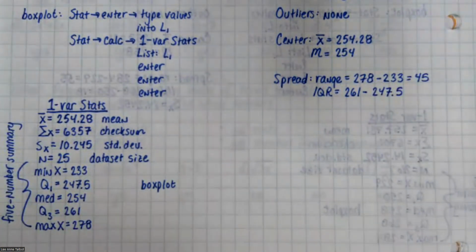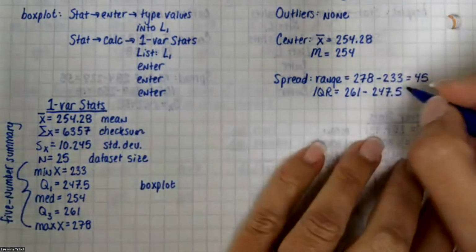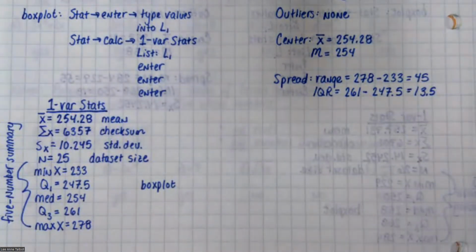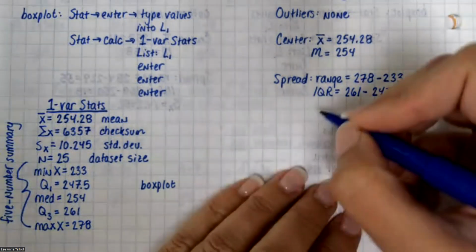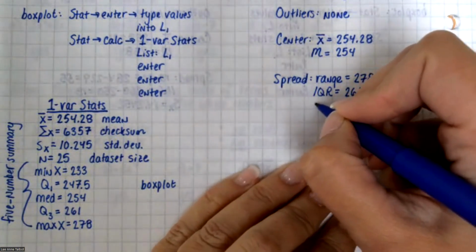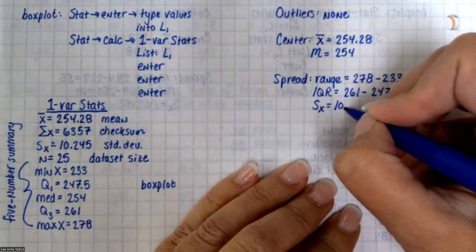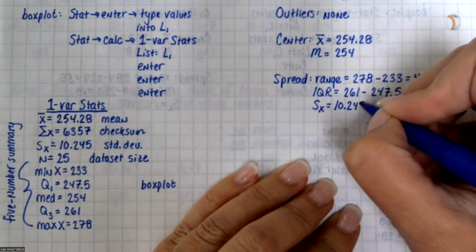Break out my calculator for that. 13.5. And then the last one is standard deviation, which is 10.245.